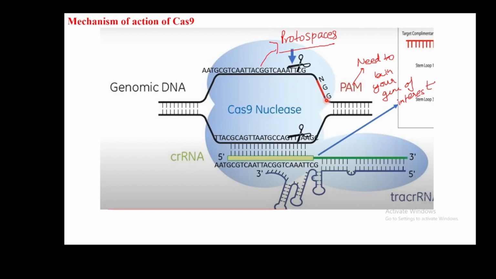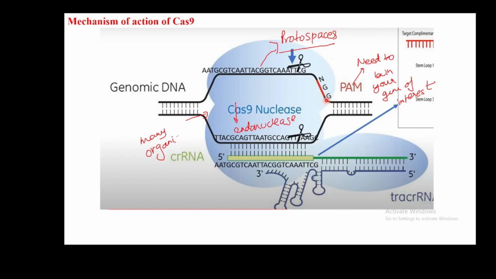Usually the protospacers are 20 to 22 nucleotides long, and the sequence of the protospacer adjacent motif defines from which organism you have isolated your Cas9. This Cas9 is the endonuclease, and it is isolated from many organisms.